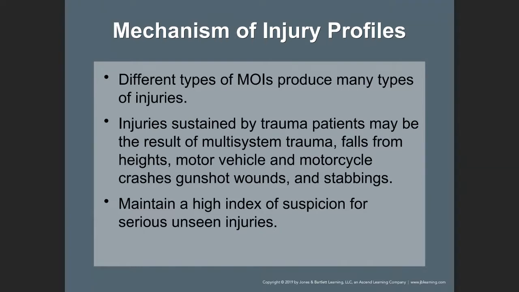Injuries sustained by trauma patients may be the result of multi-system trauma, falls from heights, motor vehicle and motorcycle crashes, gunshot wounds, and stabbings. Maintain a high index of suspicion for serious unseen injury. So the mechanism is what causes the injury. The index of suspicion is the worst possible injury you think the patient might have from that mechanism.